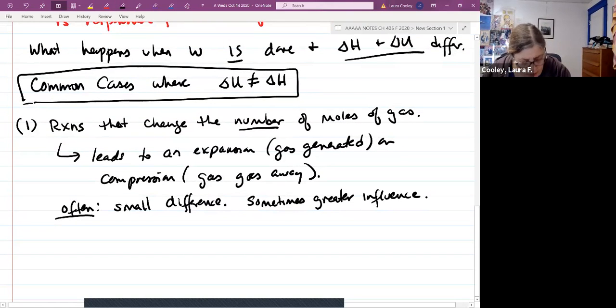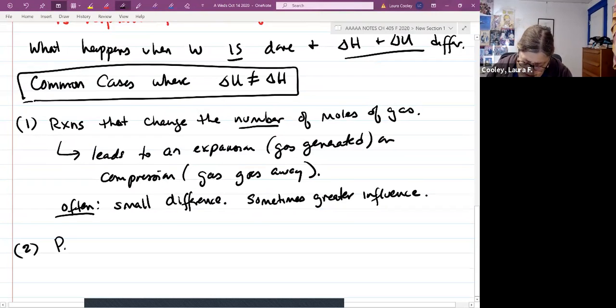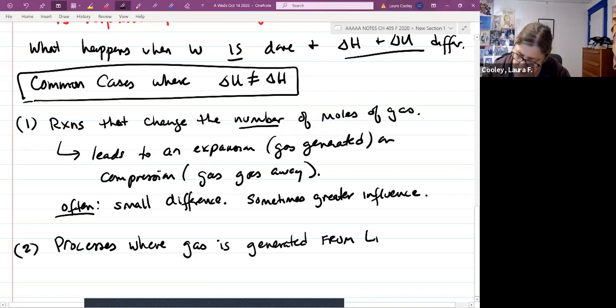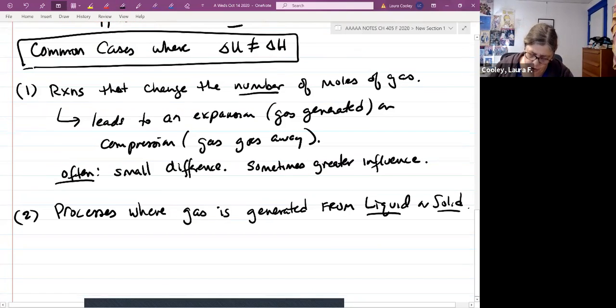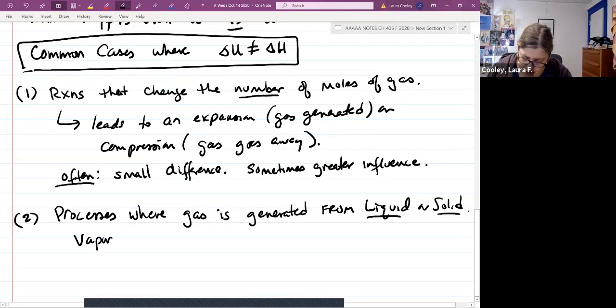Then the second thing is processes where a gas is generated from a liquid or solid. And this would be most common if you have a vaporization or a sublimation. So for example, if you vaporize a liquid or you have a solid that sublimes, like iodine.